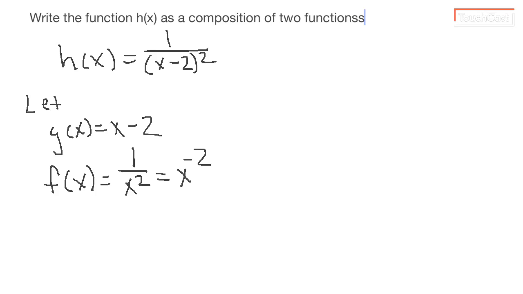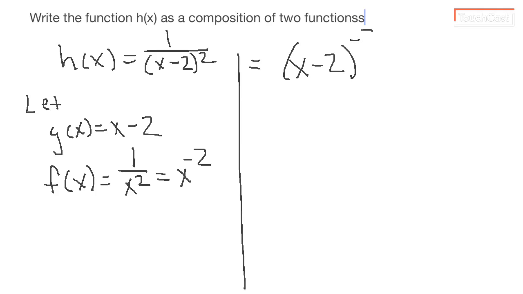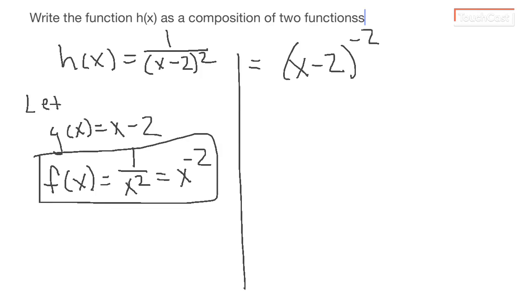So we're going to rewrite h of x as x minus 2 to the negative 2. And we know f of x is x to the negative 2. So we have f of x minus 2.